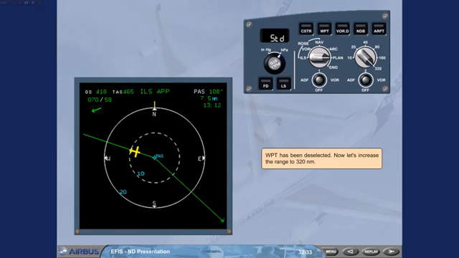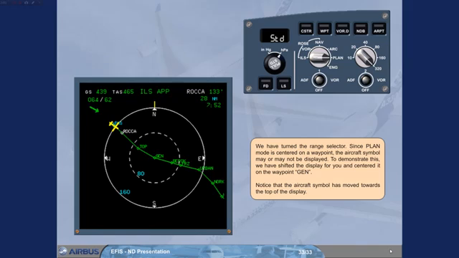We have turned the range selector. Since plan mode is centered on a waypoint, the aircraft symbol may or may not be displayed. To demonstrate this, we have shifted the display for you and centered it on the waypoint Golf Echo November. Notice that the aircraft symbol has moved towards the top of the display.